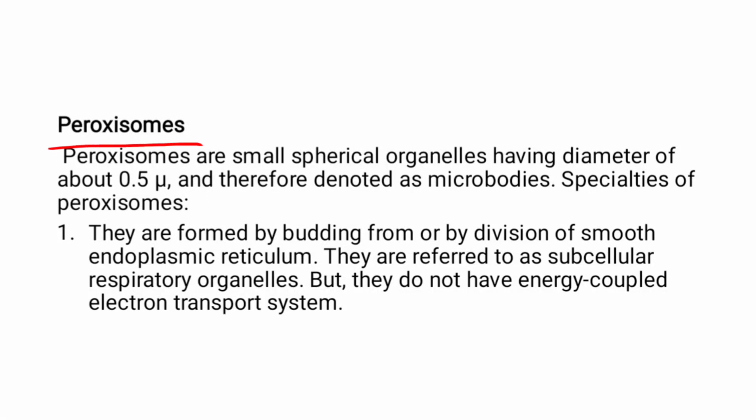Peroxisomes. Peroxisomes are small spherical organelles having a diameter of around 0.5 microns and are therefore denoted as microbodies. They are formed by budding from or by division of smooth endoplasmic reticulum.